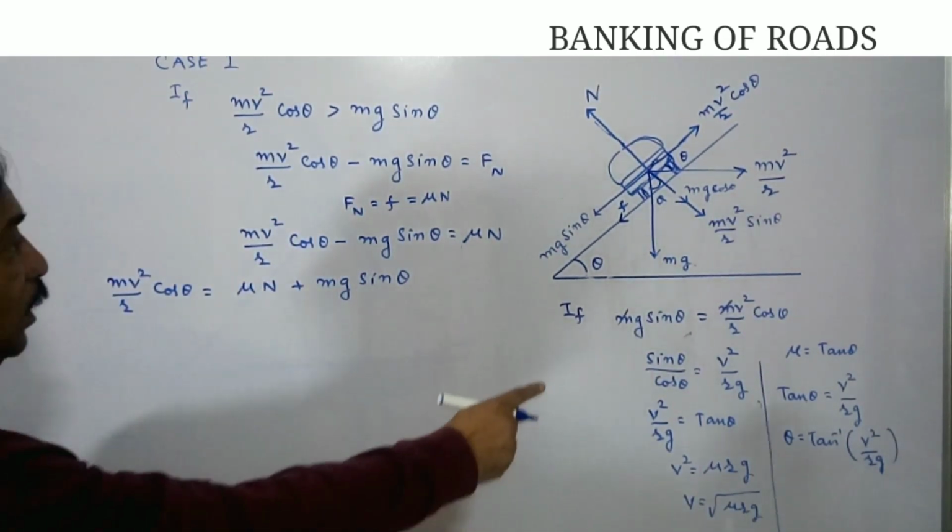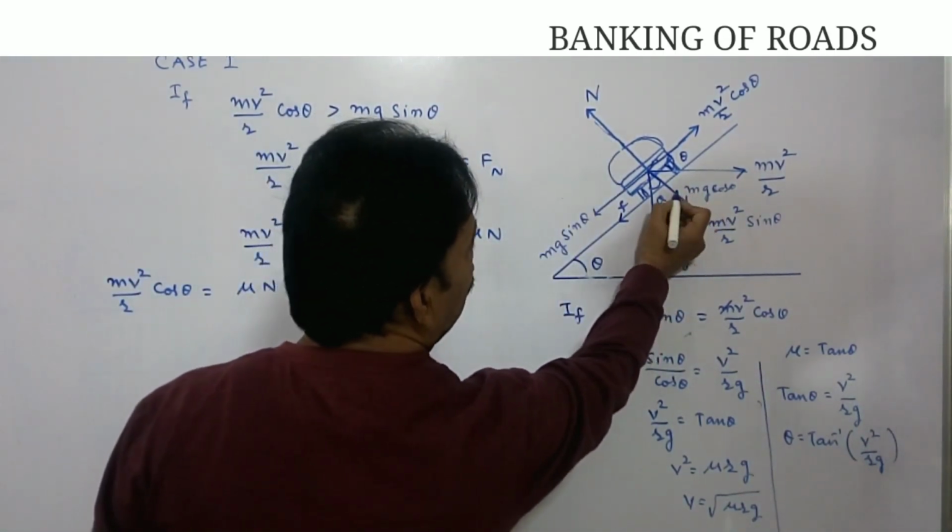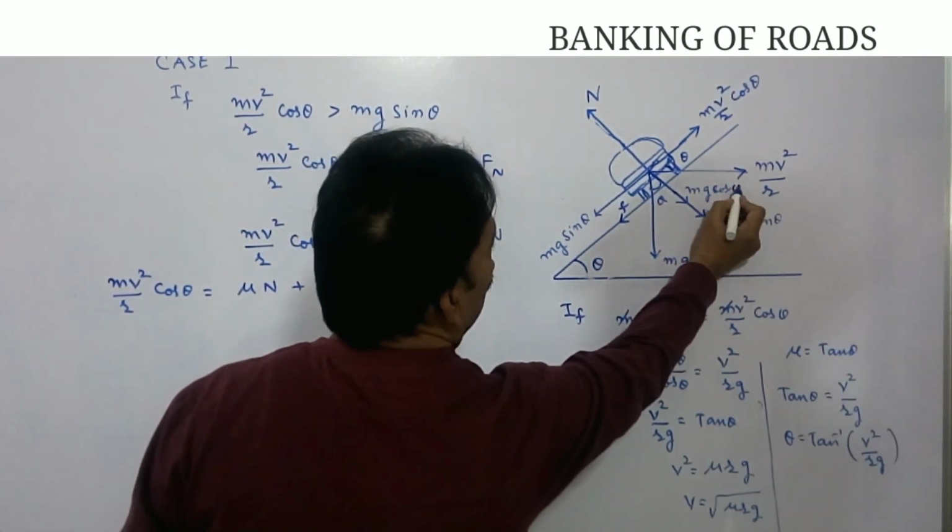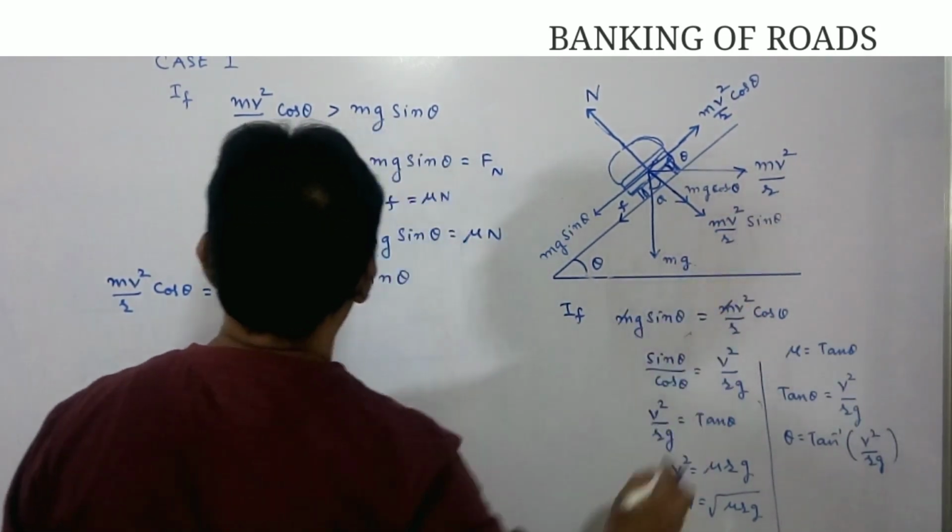See this, N is equal to mg cos theta plus mv square by r sin theta.